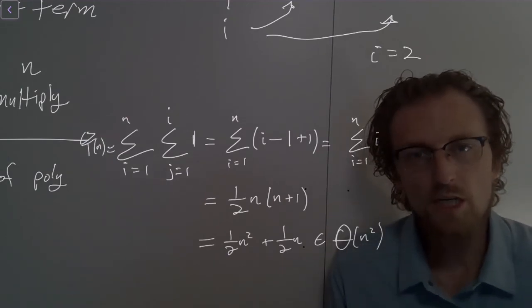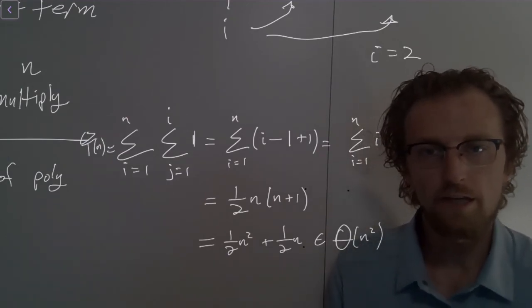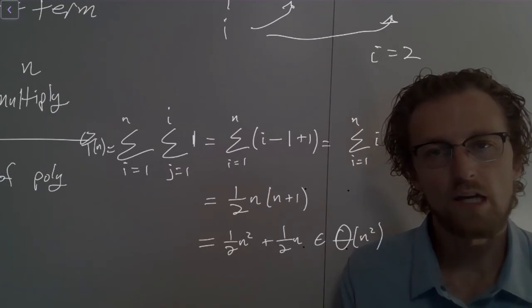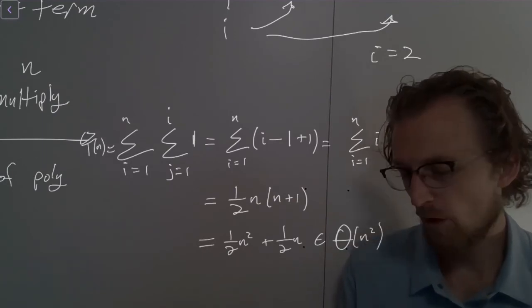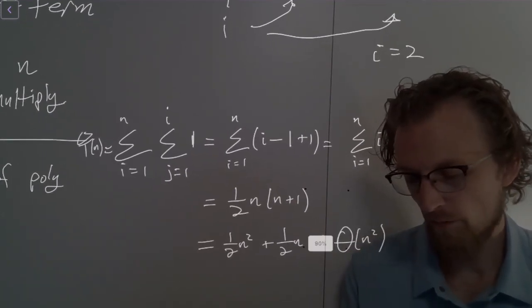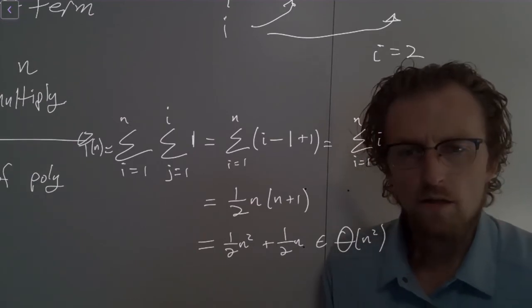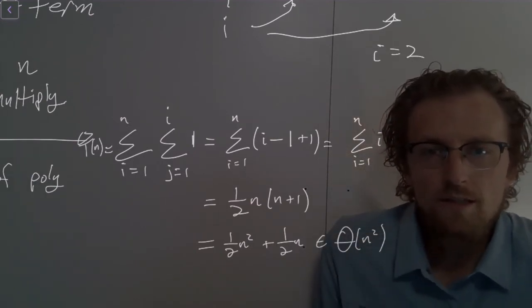So if I give this thing a polynomial of degree n, it'll take order n squared multiplications to evaluate the polynomial.